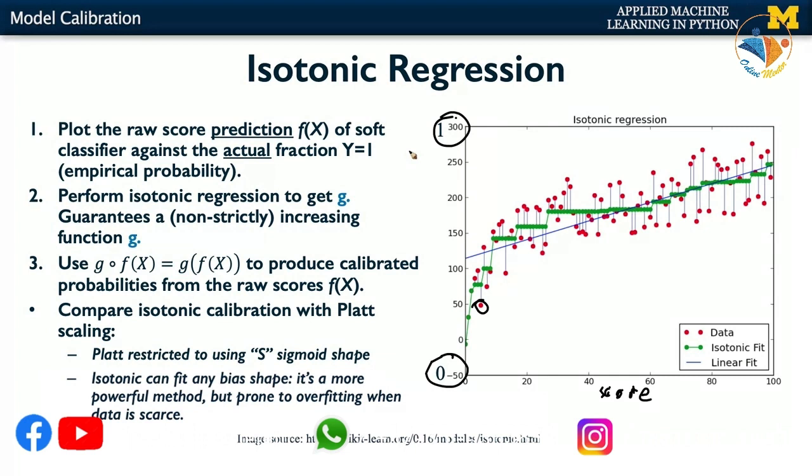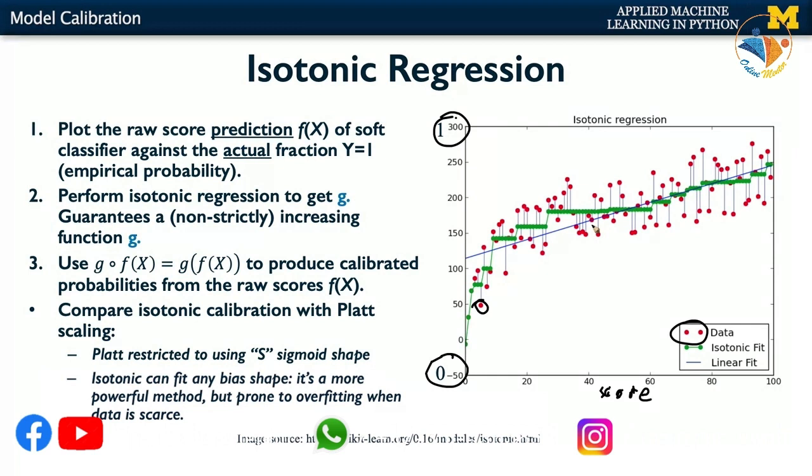In this plot, you can see that the red dots are the data points, and the green continuous line that is fit through the data points here, that is sort of a step-like function, is the isotonic fit. So isotonic regression is a way to get a sort of step-like regression function that captures the relationship in a way that guarantees a strictly increasing function.